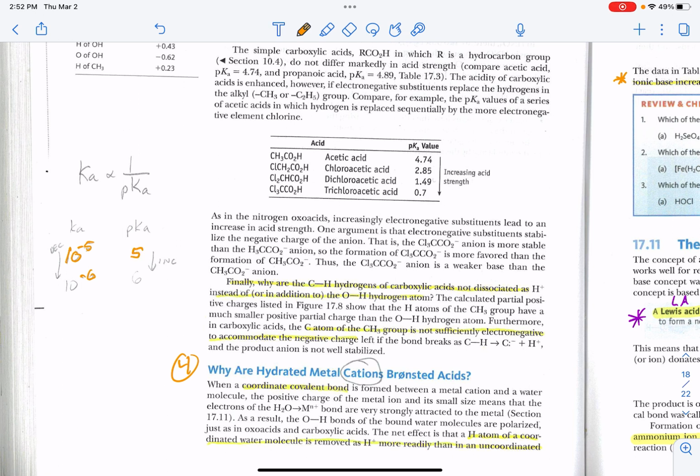And the negative log of 10 to the minus 6 is 6. And so you can see that when this is getting smaller by a factor of 10, this is getting bigger. And that's why we say that the bigger the Ka, the stronger the acid, but the bigger the pKa, the weaker the acid.